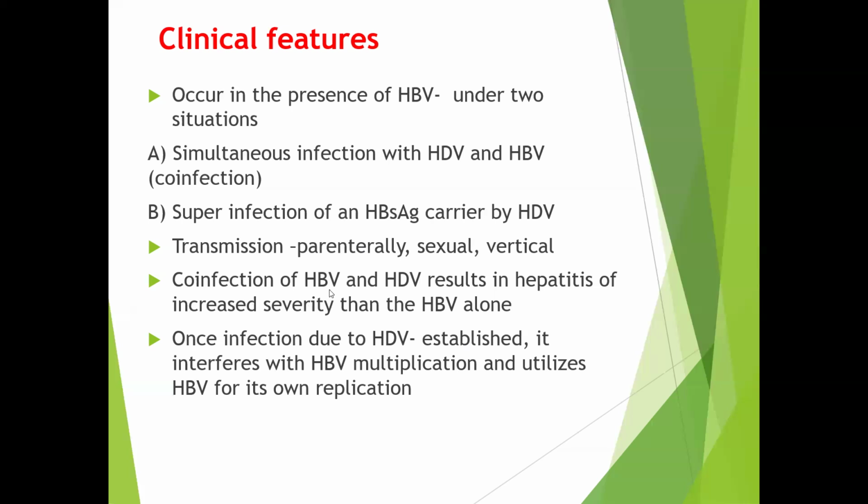Suppose any patient has co-infection, which means simultaneous infection of hepatitis B virus and hepatitis D virus, it increases the severity compared to HBV alone. So they cause a severe infection. Simultaneous infection of hepatitis D virus and hepatitis B virus is more severe than hepatitis B virus alone.